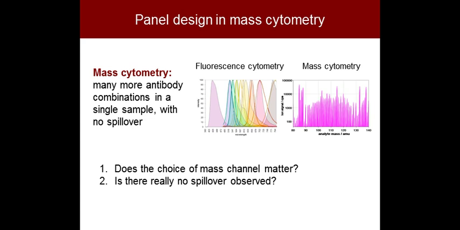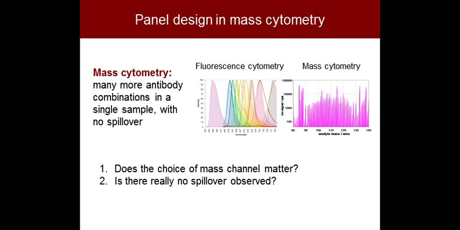And so if you look at these emission spectra of the fluorescence world, I'm showing about 8 different dyes there and how much overlap there is between their emission peaks. And you compare that to the right panel in mass cytometry, where you're looking at single isotopes, they are much more discretely read out on the instrument. So you can have lots more antibodies used together and essentially not have to worry about compensating.